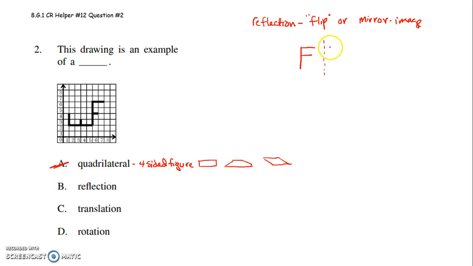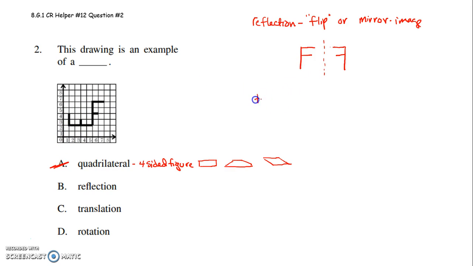This could be our line of reflection. Then on the opposite side, it's like that F is looking into a mirror. Mine's not perfect, mine's not beautiful, but you should be the same distance from this reflection line. And it should be a perfect mirror image. Okay, I don't know. Maybe if this was the reflection line, nope. If this was the reflection line, this F would be facing down that way.